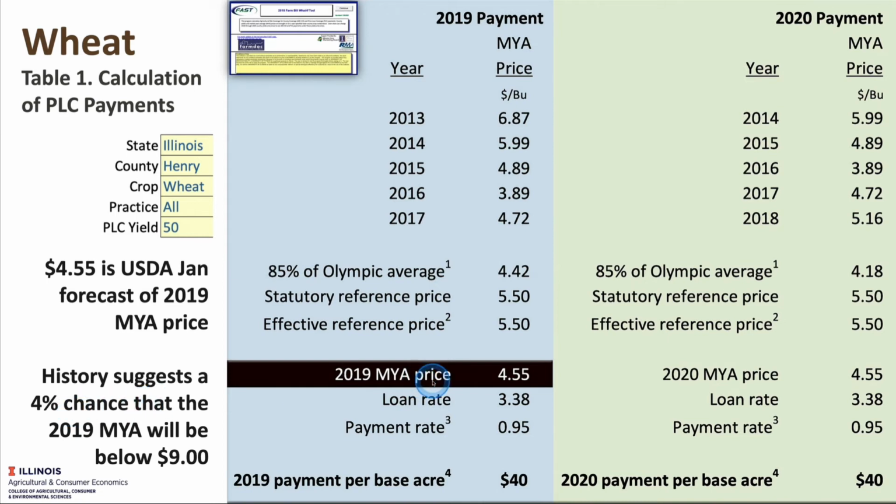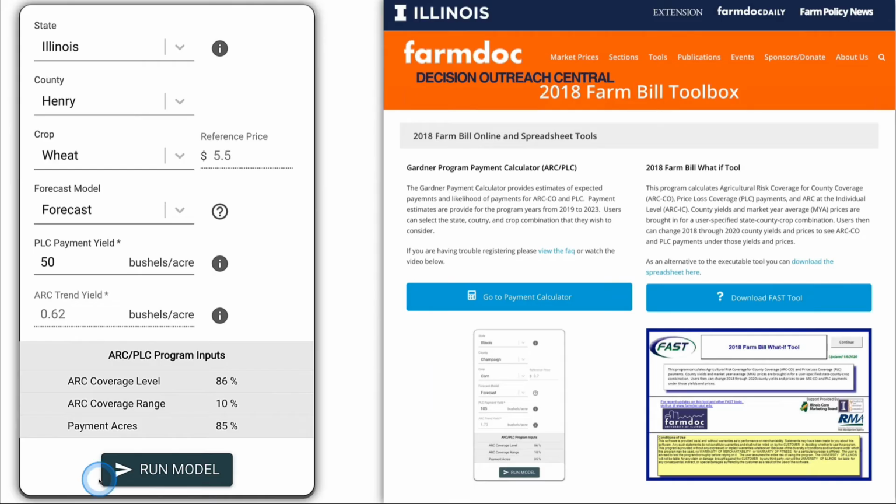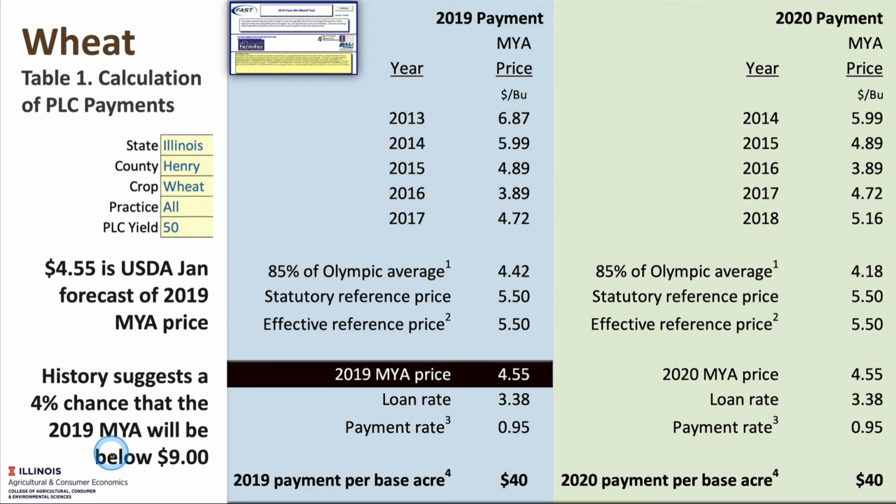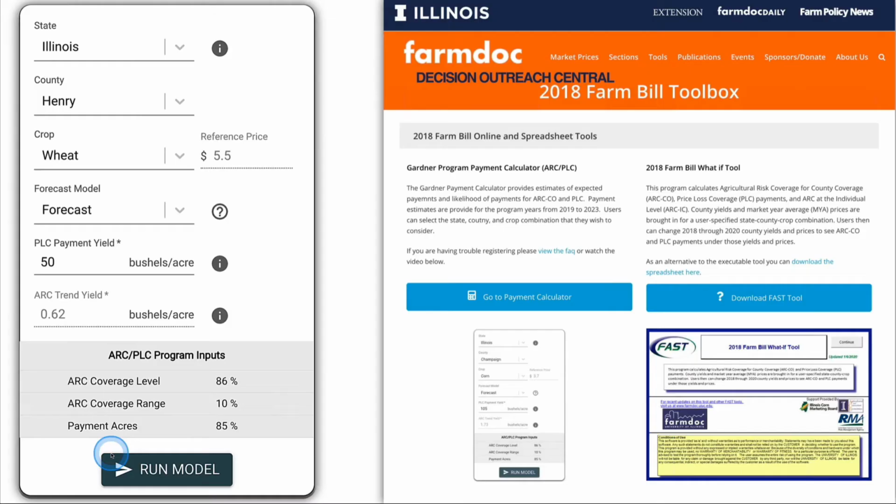Very high chances of that making a payment. Actually, we do. I'm sorry, we forgot to change this to wheat. There's a very high chance for wheat. At this point, where prices are, it's pretty much a lock for 2019 on a PLC payment for wheat.